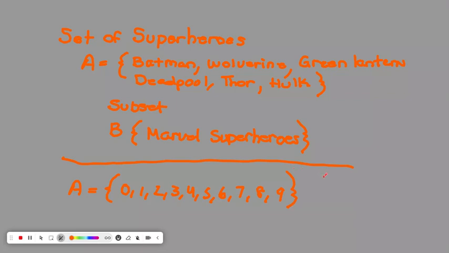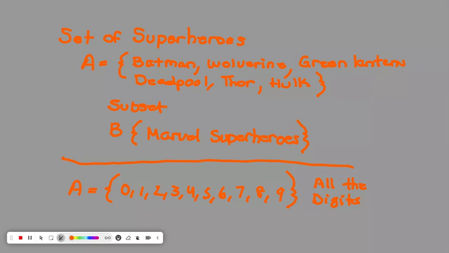This set is all the digits. There's only 10 digits in the entire universe. Remember, a digit is one single number, and all these digits make all the rest of the numbers.